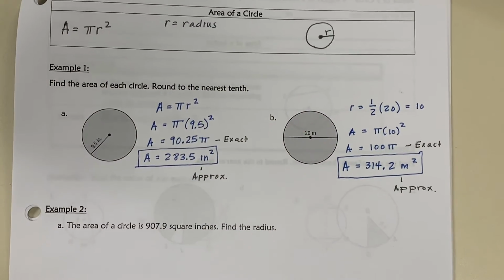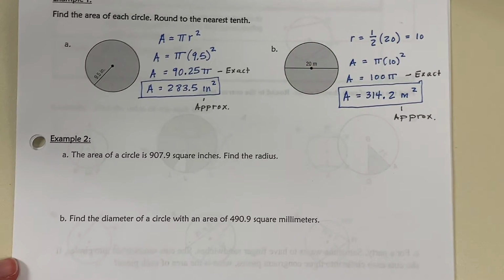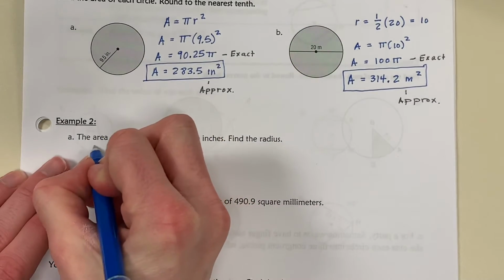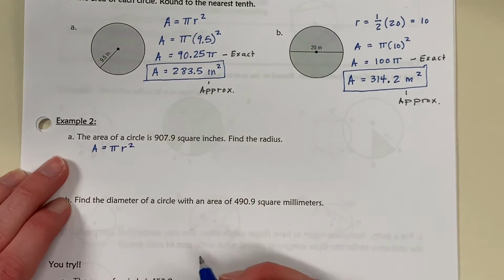Okay, example 2. It says the area of a circle is 907.9 square inches. We want to find the radius. Okay, my area formula, area is equal to pi times r squared.